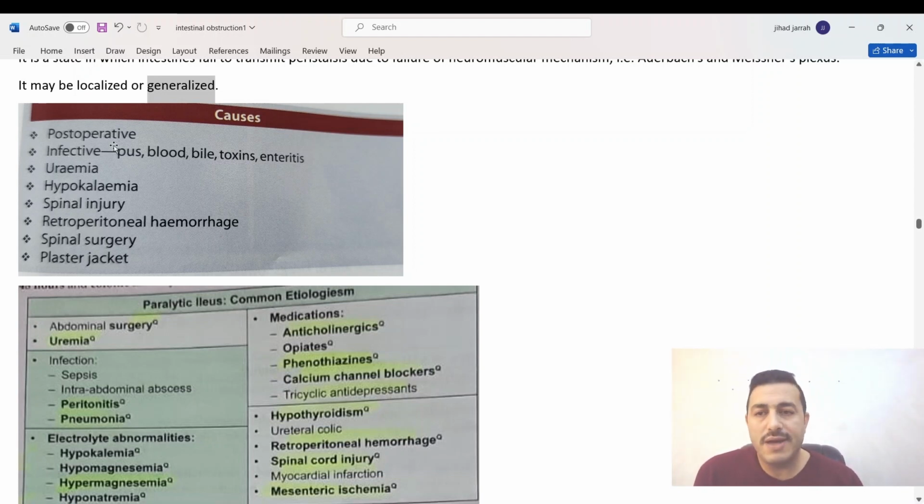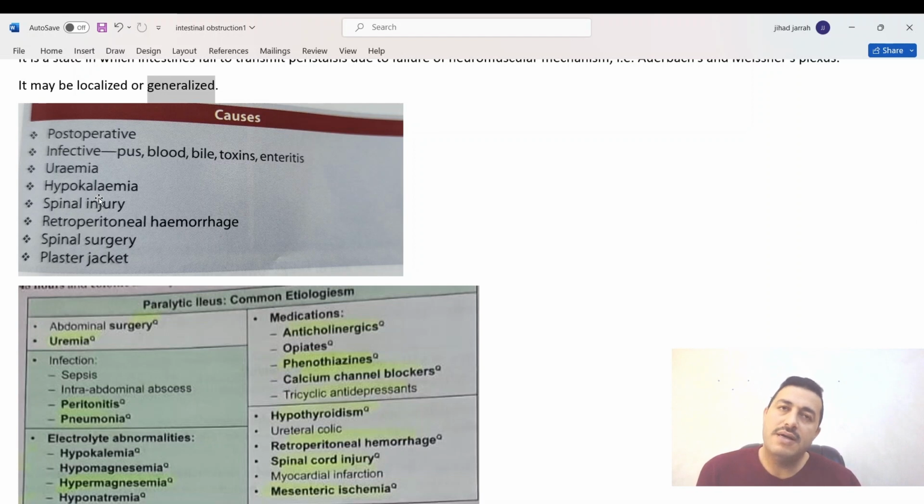Infection can cause paralytic ileus, such as pus, bile, toxins, uremia. And I always want you to remember that it may cause what we call spastic ileus. Spastic ileus is hyperperistalsis of the bowel wall.